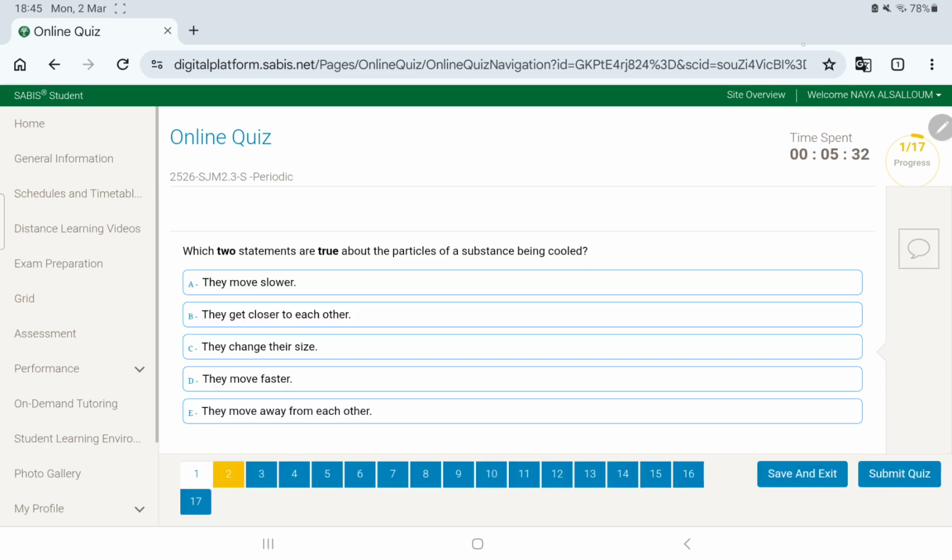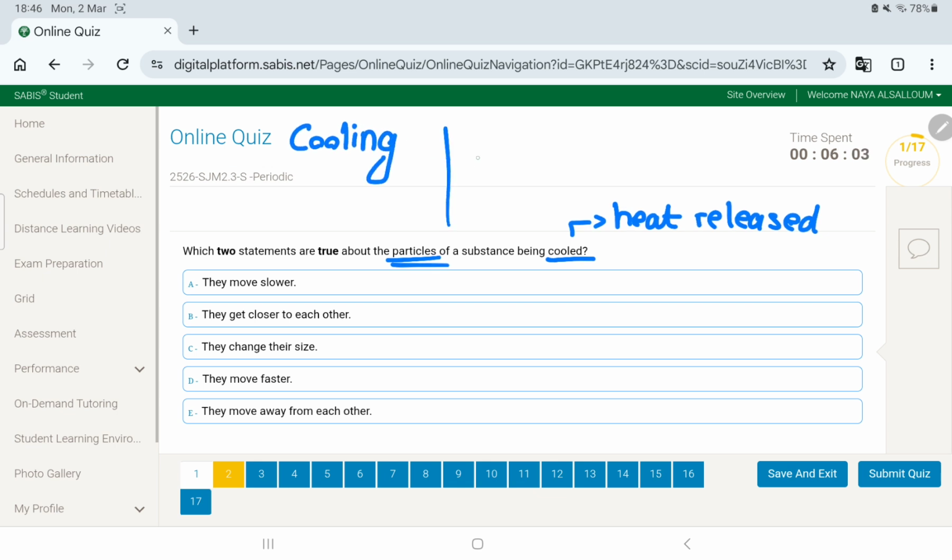Let's see here. Which two statements are true about a substance being cooled? Now, from the previous question, when a substance is being cooled, the heat is being released. So, what happens to the particles? Okay, now the particles move in different ways. One is when something is cooling, in which the heat is being released, and one is heating, when the heat is absorbed.